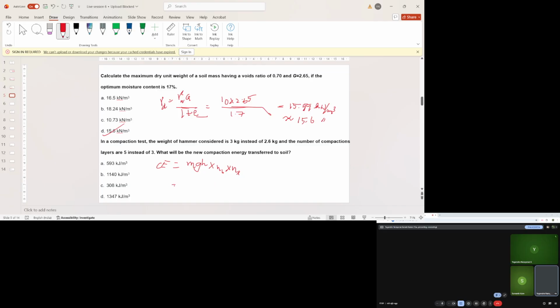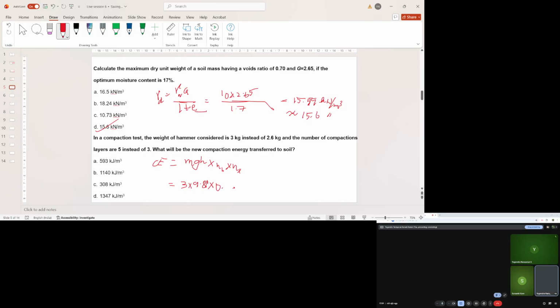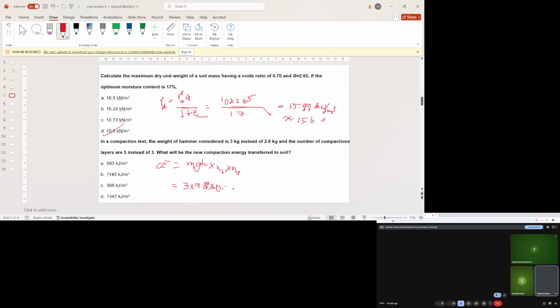So the mass of the hammer is going to be 3, into 9.81, into h, which is going to be 0.31. Let us consider the standard value only.